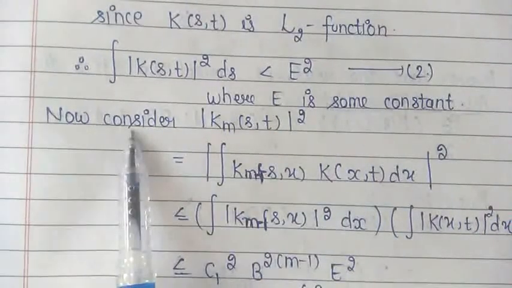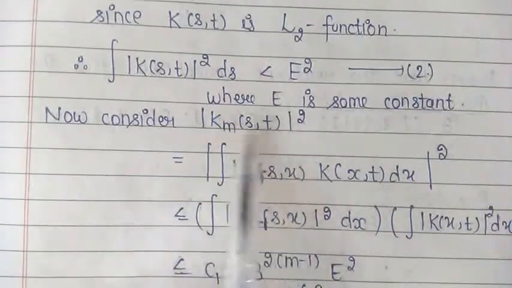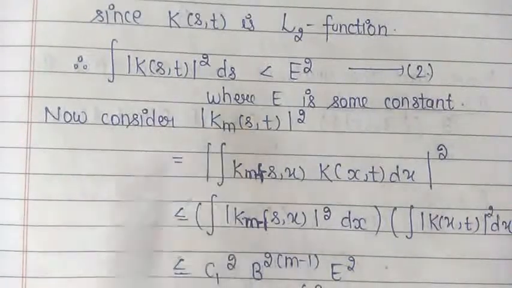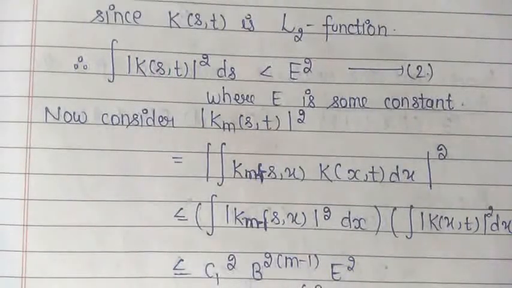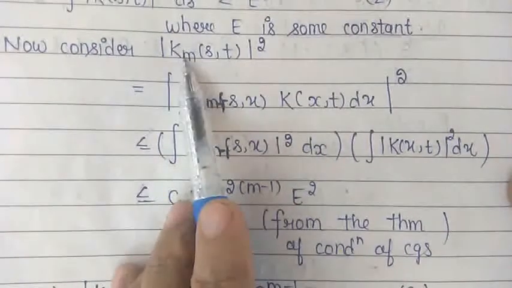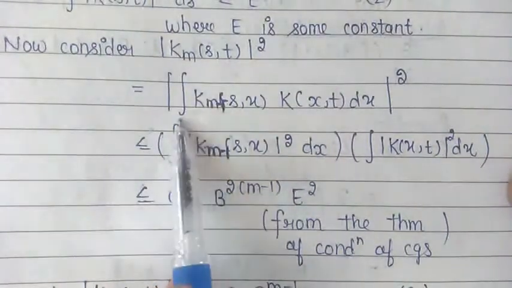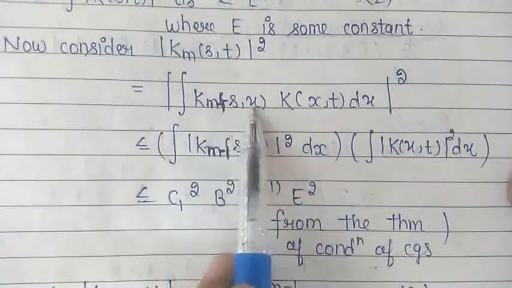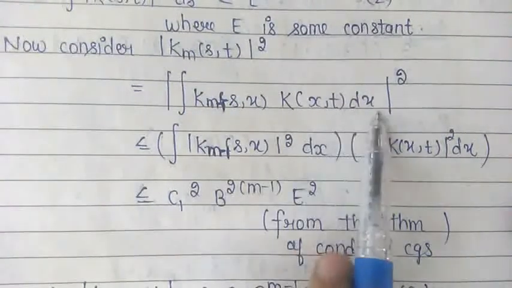Now let us consider |K_m(s,t)| squared and apply the definition of the mth iterative kernel. By definition, the mth iterative kernel is given by the integral of K_(m-1)(s,x) K(x,t) dx.